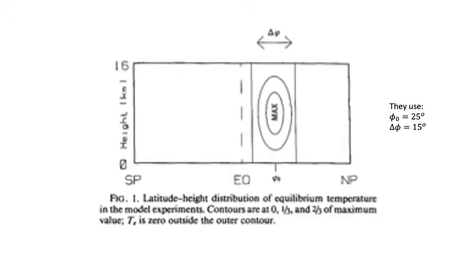Okay, so the setup for this problem is one of a localized maximum in heating being applied in the subtropics, so at a latitude phi naught, that's shifted north of the equator, so in the northern hemisphere. So the x-axis is latitude, the y-axis is height. So you're thinking zonally symmetric. And then that heating is applied over a width of delta phi here, 15 degrees north.